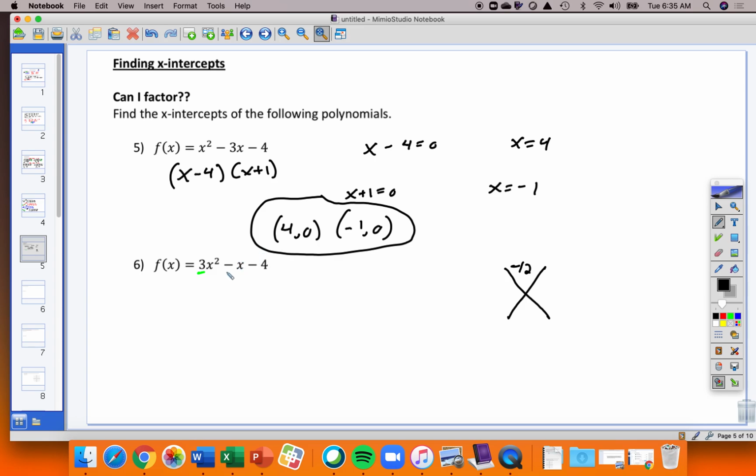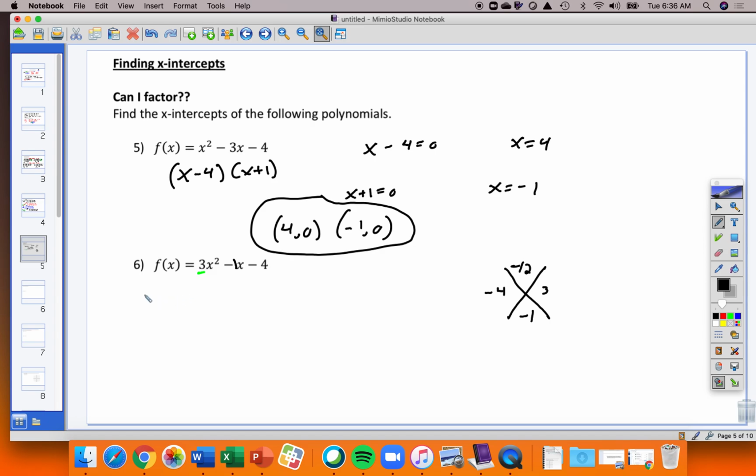And then I take this middle term and put it right here, negative 1, because there's a 1 in front of the x here. I'm then looking for two things that multiply to negative 12 that add to negative 1. So what multiplies to negative 12 and adds to negative 1? Well, we have negative 4 and positive 3.